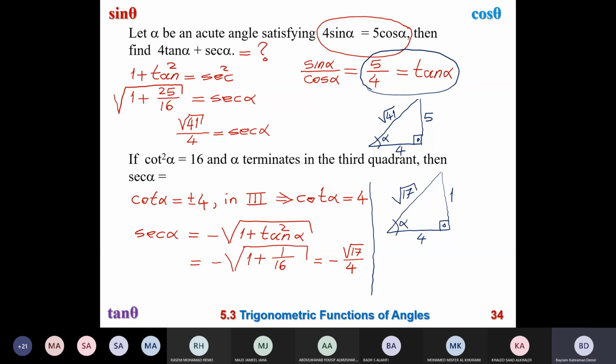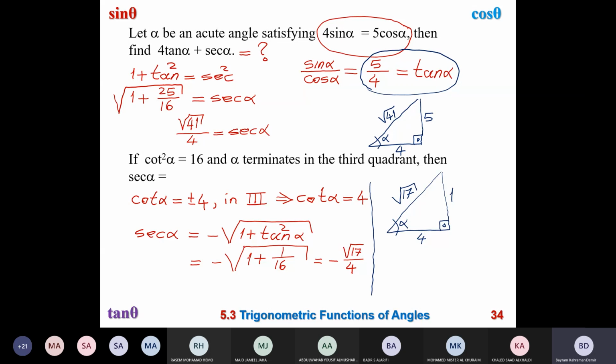But of course, negative is not a length, you cannot use it as a length. So the triangle is helping you to find the numbers. But for the positiveness or negativeness, you need to watch the location.